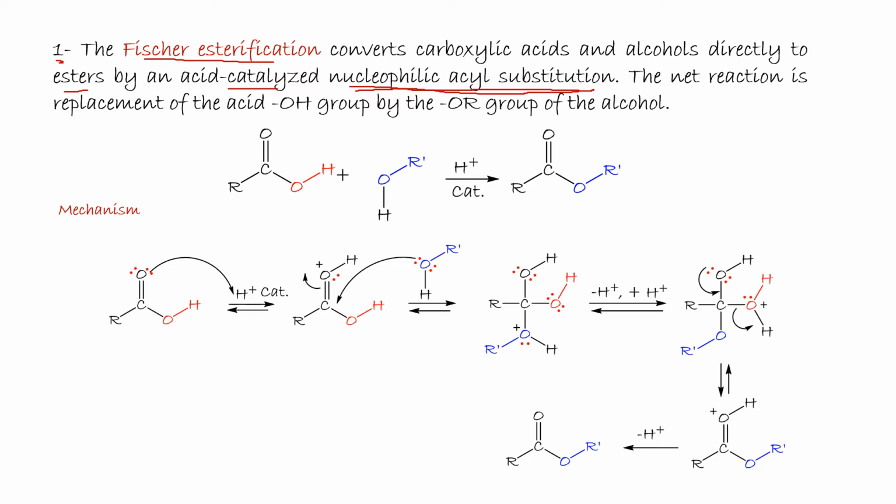The net reaction is replacement of the OH with OR of the alcohol. Here is the carboxylic acid, here is the alcohol, H plus catalyst. We are going to take this OH out and replace it by OR prime. Ester.